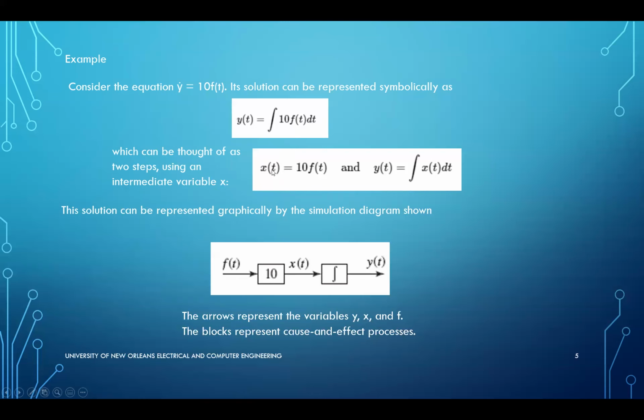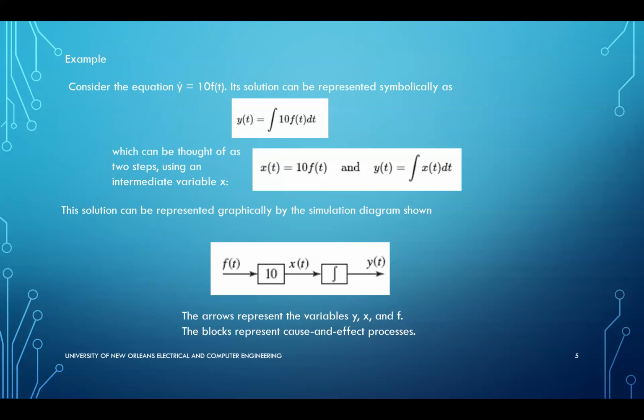And then that x is taken through an integration process, which is represented by this block, which gives us the output. So the arrows represent the variables x, y, and f, and the blocks represent what is called the cause and effect process.